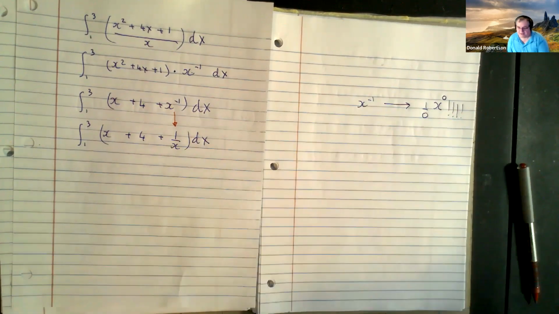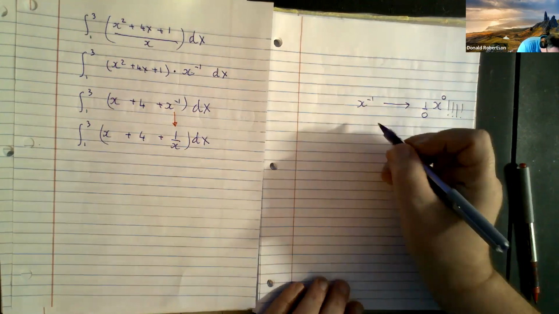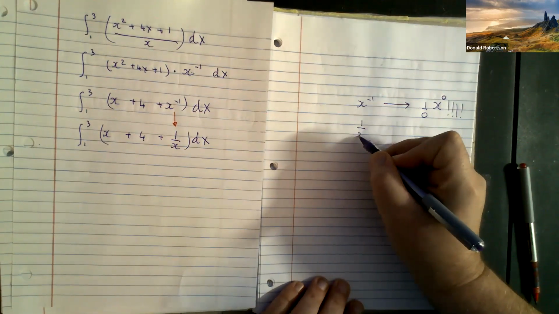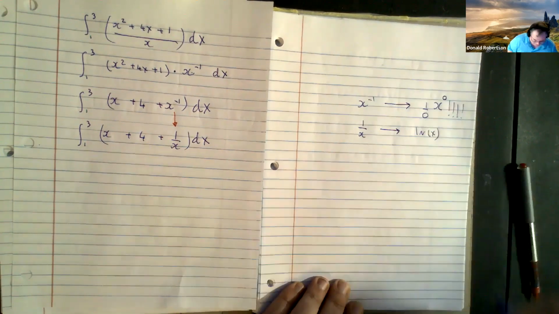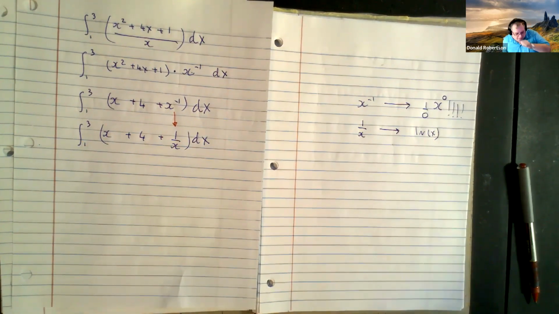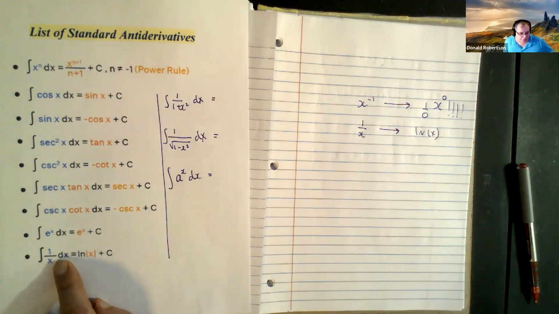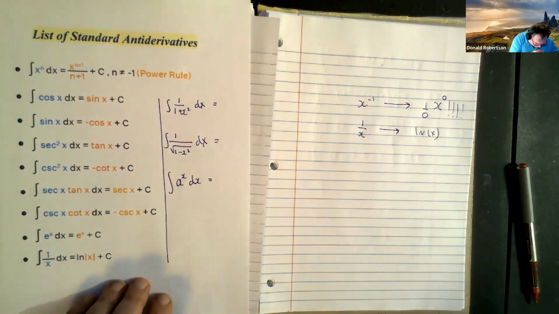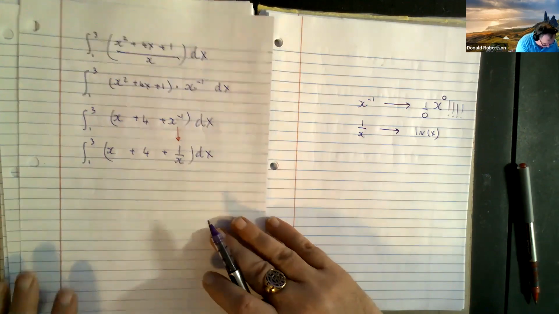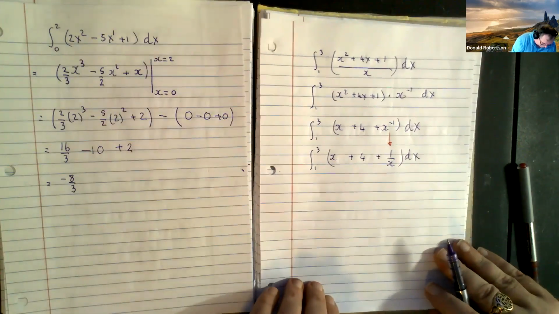Can you see that that's bad news? Because this is the only power of x whose antiderivative does not work with the power rule.